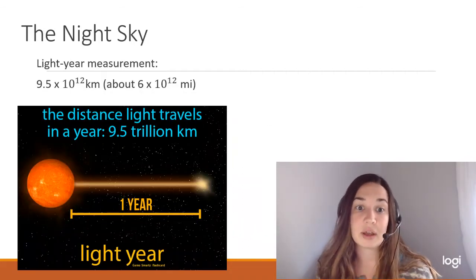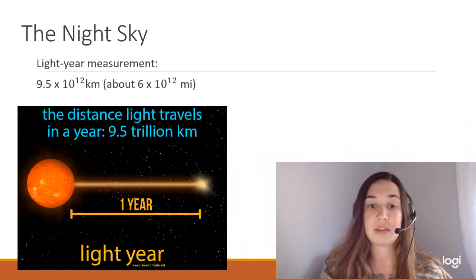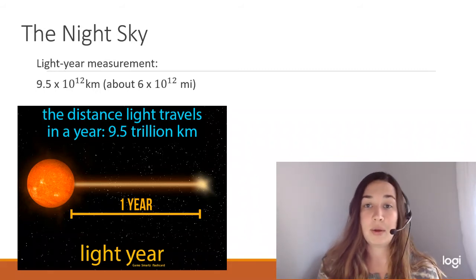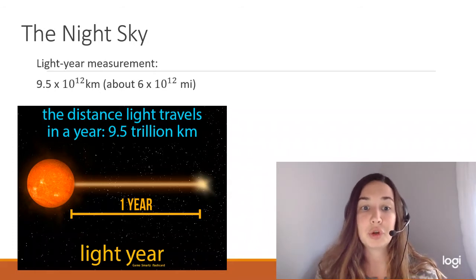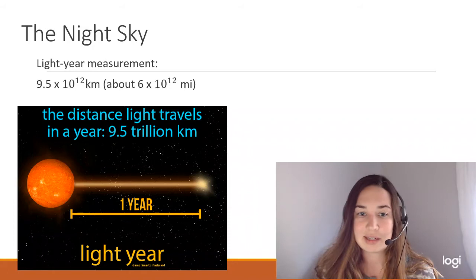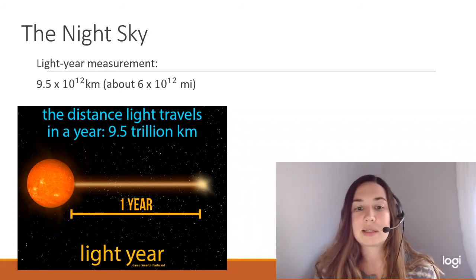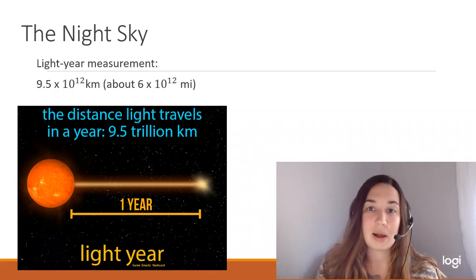But how far is a light year? Like, what is that measurement? The light year measurement that we're dealing with here is about 9.5 trillion kilometers. If you're not using metric distance, it's basically about 6 trillion miles away.